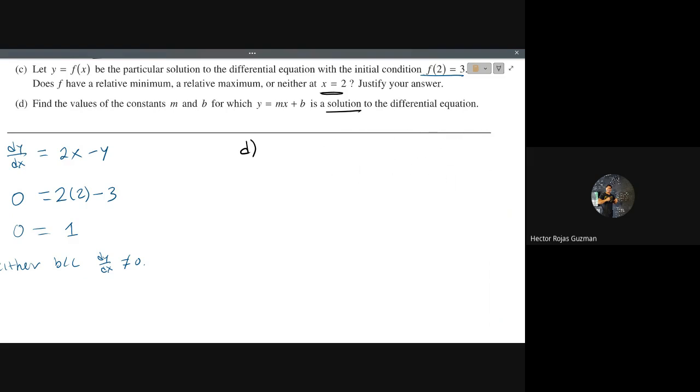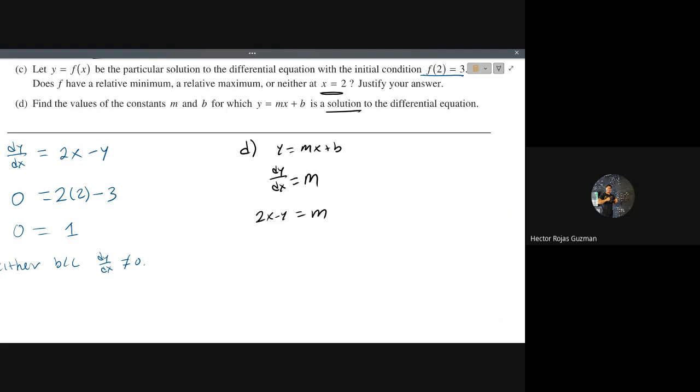So we have y equals mx plus b. If I take the derivative, dy dx, what do I get? M and b are supposed to be constants. You get m. We also know that dy dx is 2x minus y. So set them equal to each other. That's already 2 points.